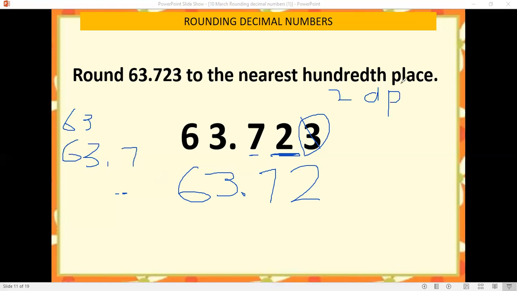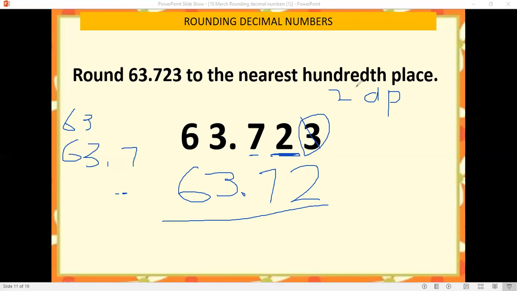Nearest hundredth or nearest 2 decimal places, it will be this. All right, so when we round 63.723 to the nearest hundredth, it is 63.72.